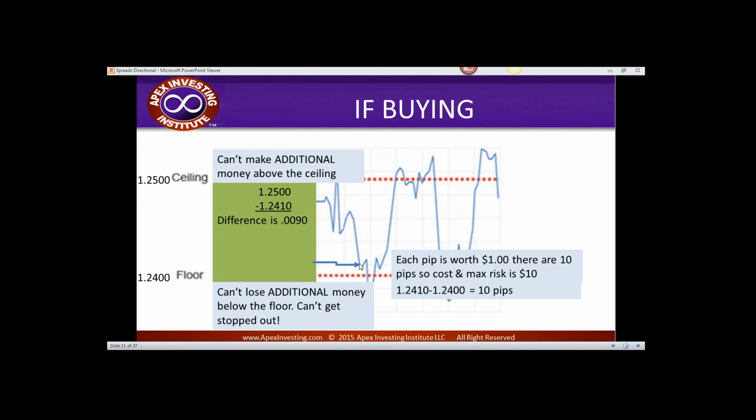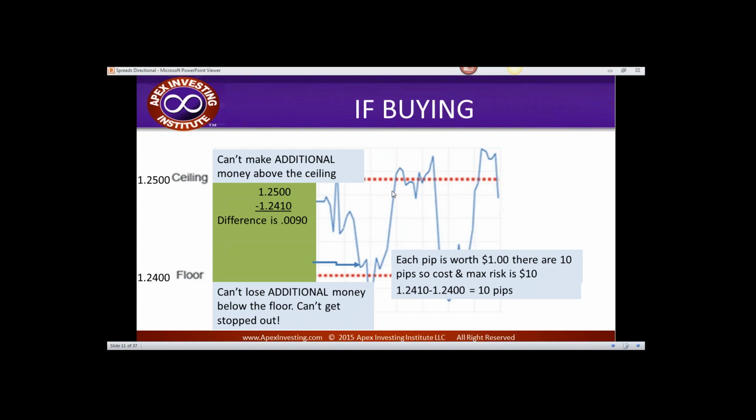So if I bought it at 24.10 and the market's going up, up, up, and it's up here at 24.60, well, I'm up $50 in profit, right? I could just close the trade right then. I don't have to wait for a floor or a ceiling. I can close it earlier to lock in profit. Or, if I bought way up here and it's going down against me, I can close it earlier to protect against a bigger loss.